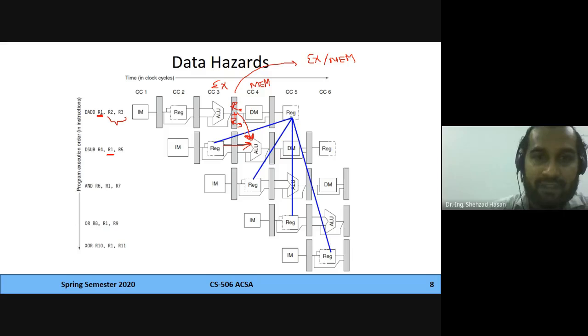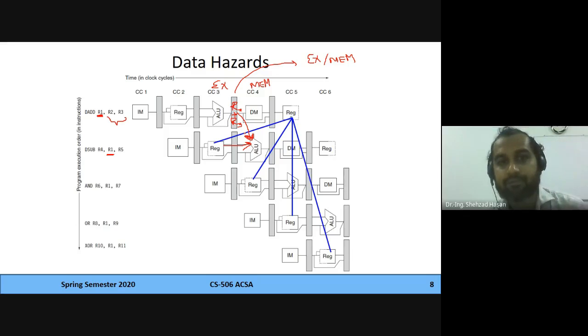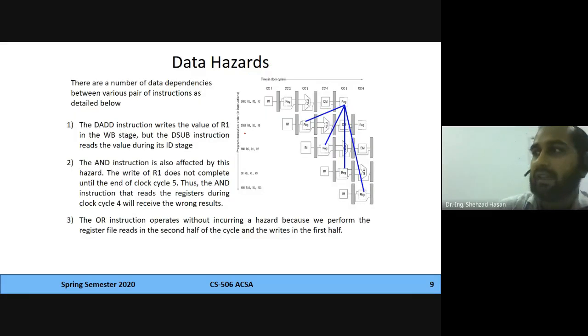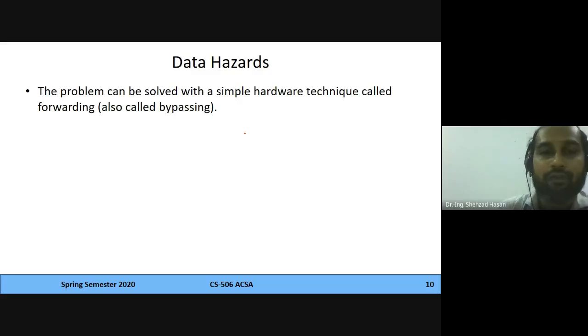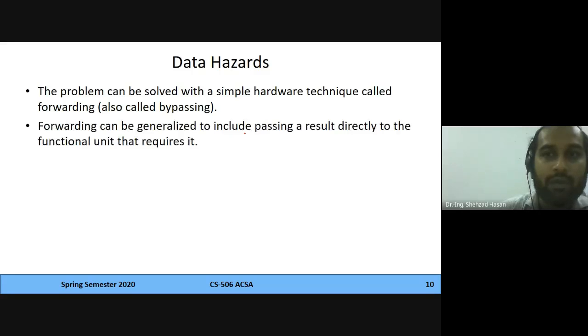If this is the case, then we can handle it using a different scheme. We call this scheme forwarding. Forwarding is a technique where you pass on the value from the module which has produced the result directly to the functional unit that requires it.